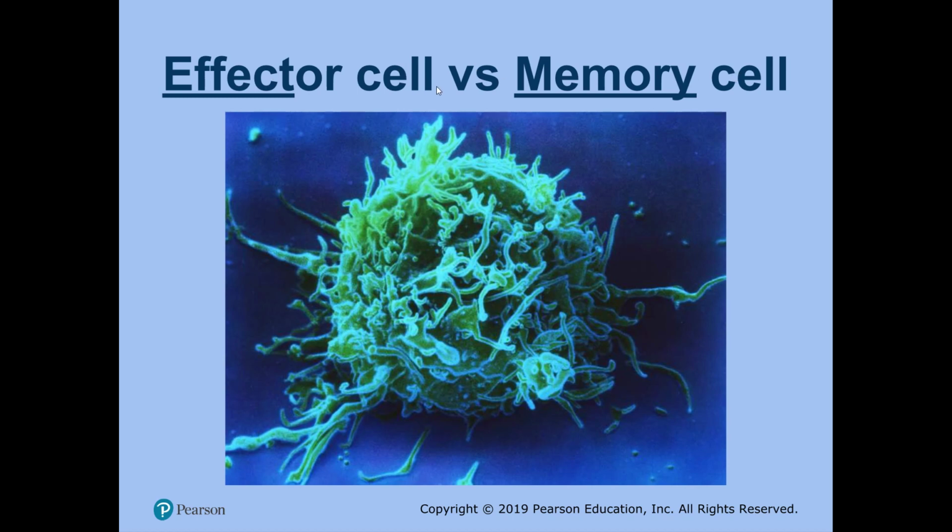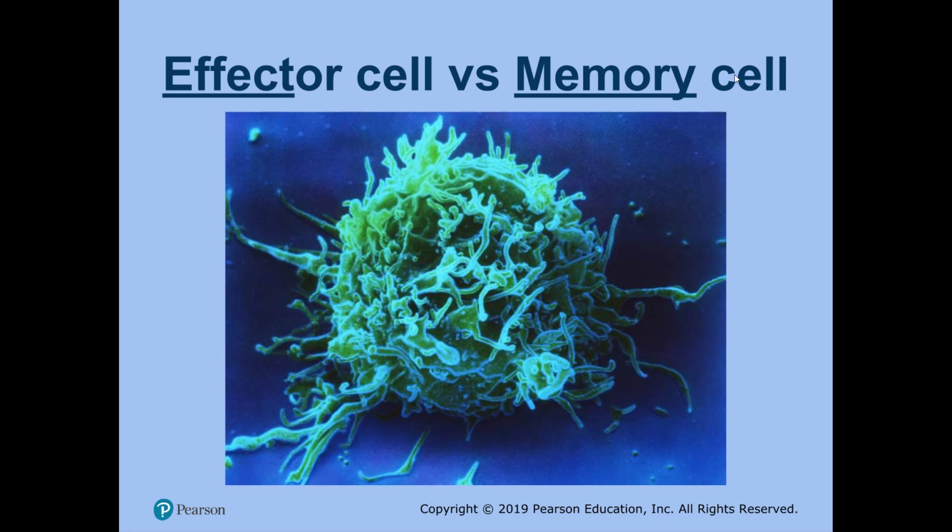The T effector cells, or the B effector cells also, are the ones that actually cause an effect to happen. They are the ones that interact with the cells or attack the cells, and cause effects to help stop the invaders.